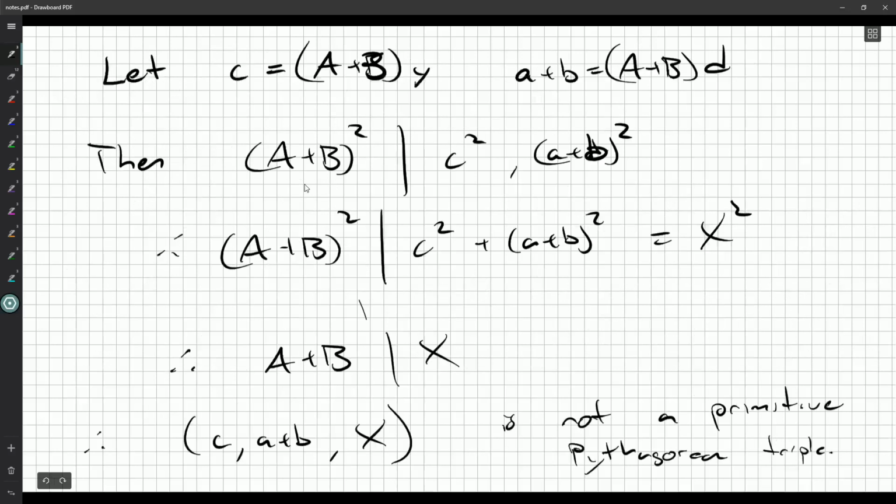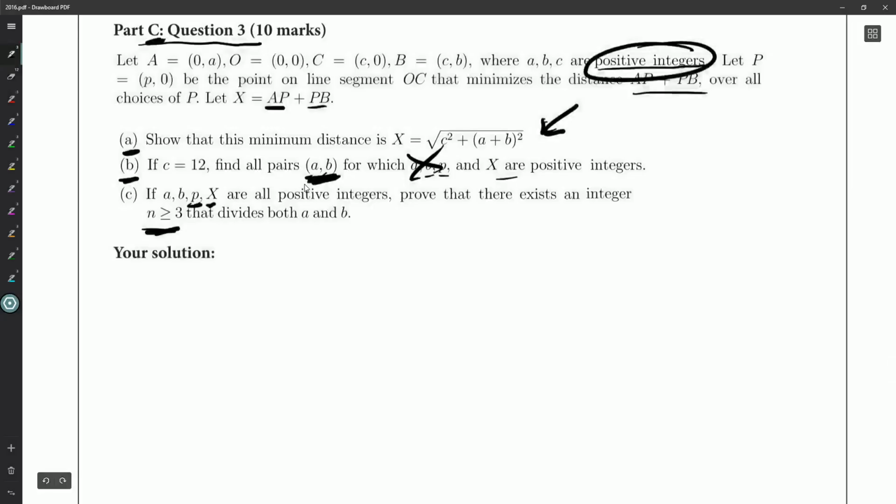Okay. So I know it's not a primitive Pythagorean triple. Where does this go from here? Well, let's see. We know that these ones are positive integers.